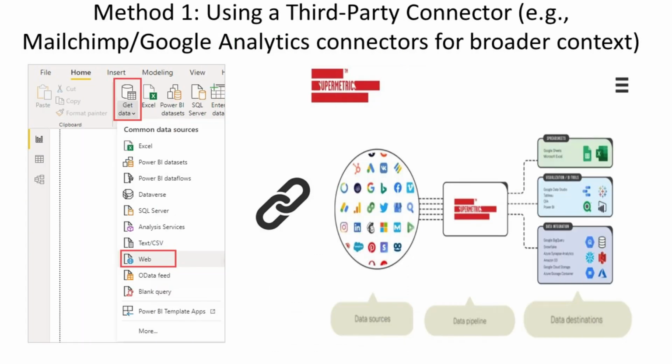For simplicity and often for richer datasets, many users opt for third-party tools that bridge the gap between Gmail and Power BI. Tools like Supermetrics, Coupler.io, or even specialized email marketing platforms with Gmail integrations can export your data in a Power BI-friendly format. These services typically handle the complexities of the Gmail API for you, allowing you to specify what data you want to extract, e.g., sender, recipient, subject, date, body.